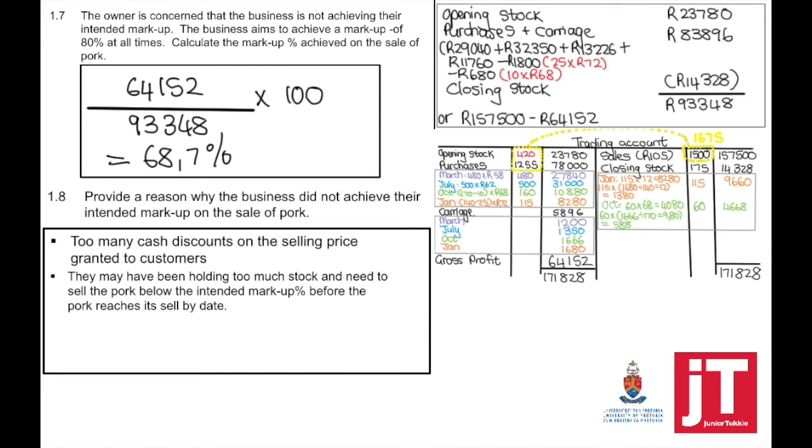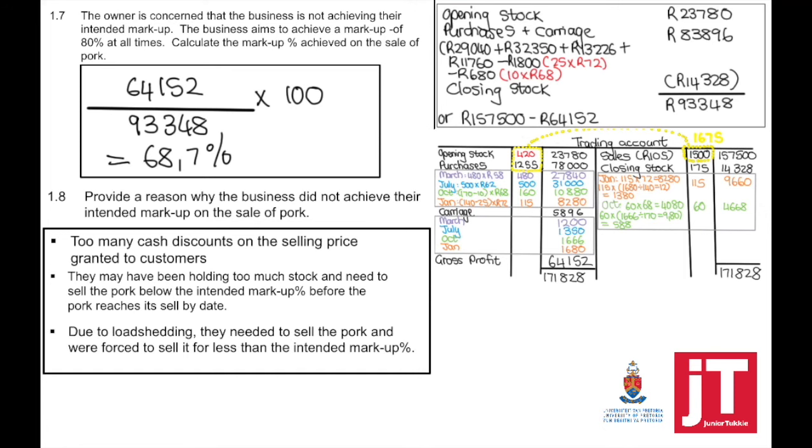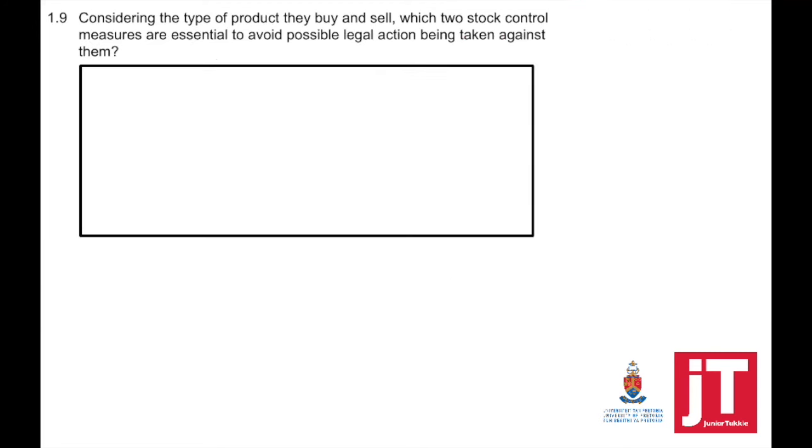They may have been holding too much stock and need to sell the pork below the intended markup percentage before the pork reaches its sell-by date. Another reason, due to load shedding, they needed to sell the pork and were forced to sell it for less than what the intended markup is. So these were possible reasons why we did not achieve our aimed markup. Take note how financial indicators is incorporated into inventories.